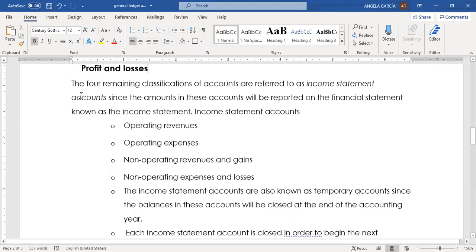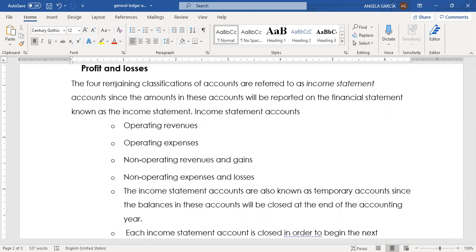Entonces, tenemos por aquí: the four remaining classifications of accounts are referred to as income statement. The four remaining, this is related to that at the beginning of studying this article, we see that we have 7 groups. I explain to you that it depends on the company. On the chart of accounts, you can have 6 groups, 7 groups, 8 groups.